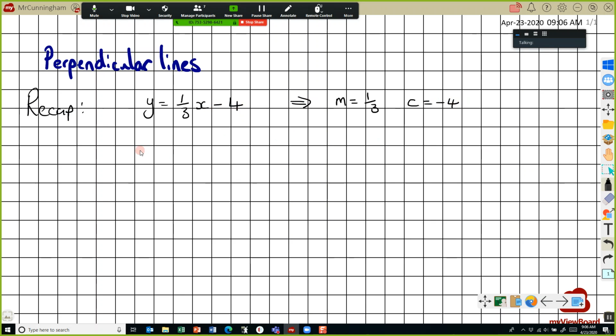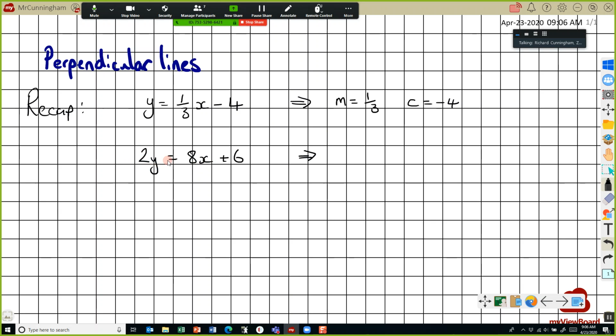Excellent. What about if I've got something like this? How is this different to this one? Yeah, it's 2y. And in order to be able to pick out the gradient and the y-intercept, it has to be y equals.